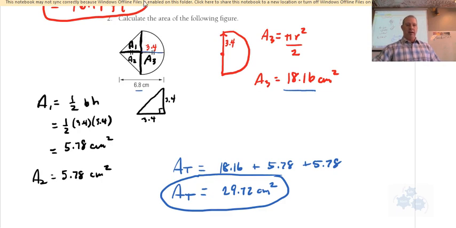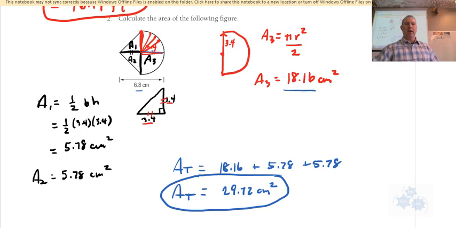The 2 triangles, we talked about this, what is this side right here? Well, because this is a circle, this radius of 3.4 is actually the same radius if you go from the middle to that point, or the middle to this point, or the middle to any point on the circle. So that means that this is going to be 3.4 as well. So that's where you get the two lengths are both 3.4.